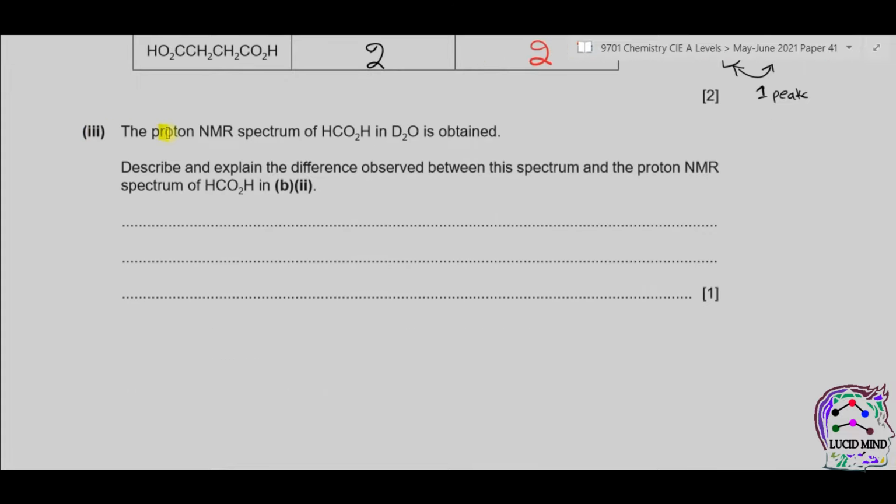Part 3, the proton NMR spectrum of methanoic acid in D2O is obtained. Describe and explain the difference observed when this spectrum and the proton NMR spectrum of HCO2H in part B2. Now what D2O does is that it exchanges deuterium instead of hydrogen.